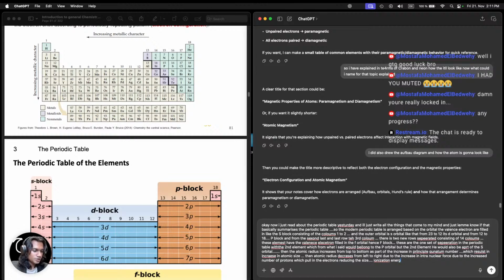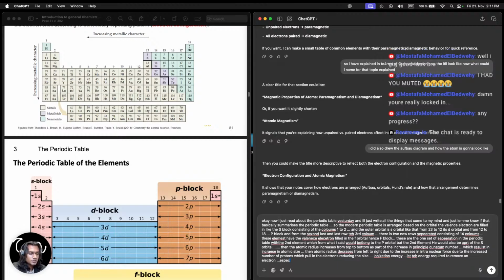Ionization energy. It's the energy required to remove an electron, especially a valence electron, from its outermost orbital.